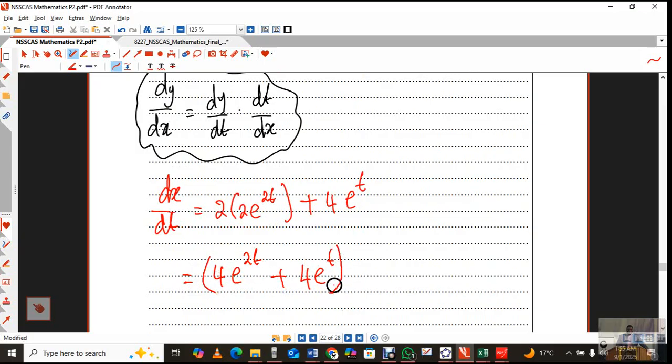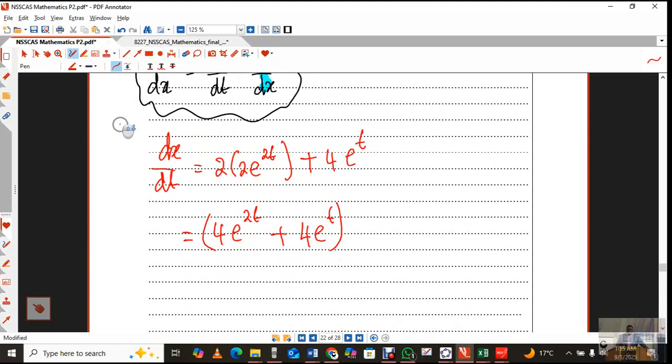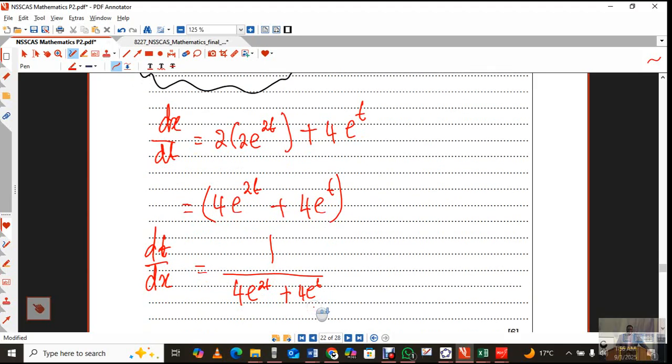That is dx/dt, but we're not looking for dx/dt, we are looking for dt/dx. So we're just going to swap it around, or you can consider that like division. So dt/dx is then 1 over 4e to the 2t plus 4e to the t. Okay, so that is dt/dx.